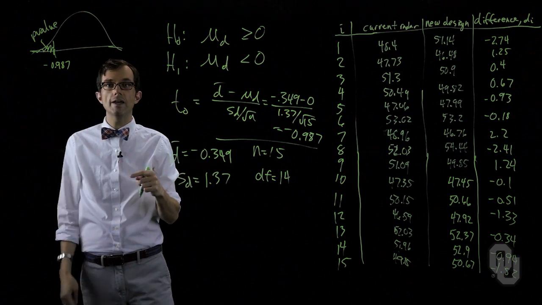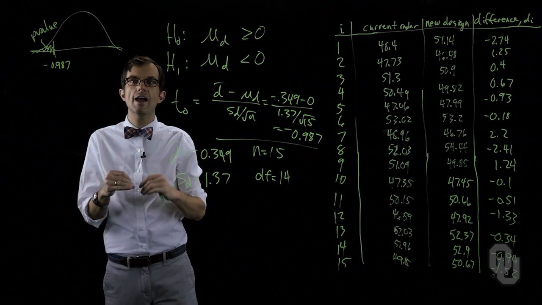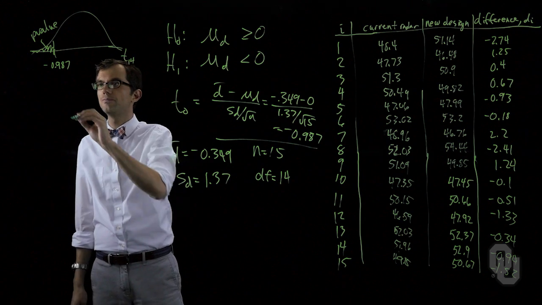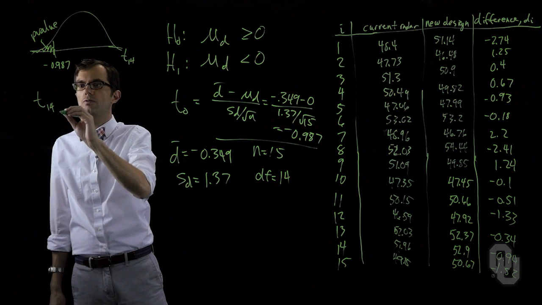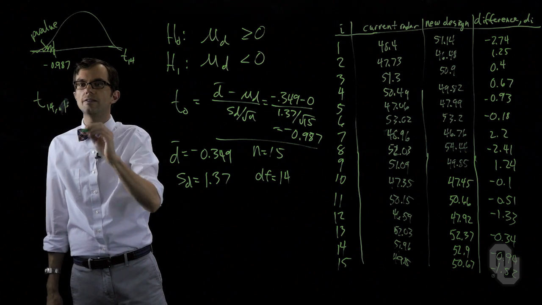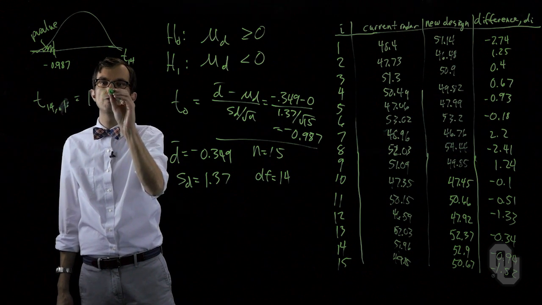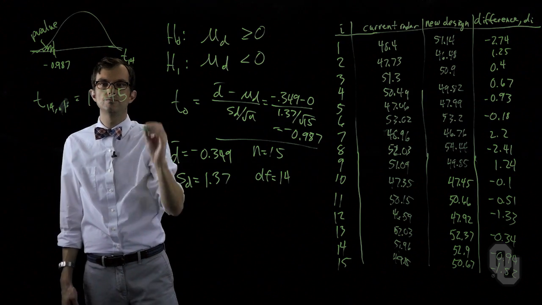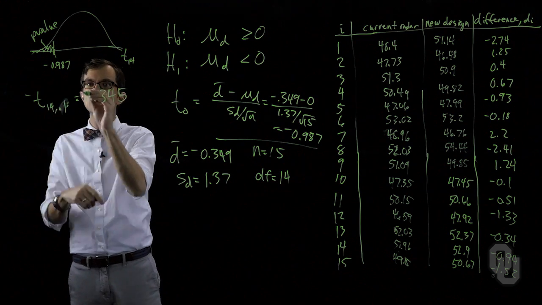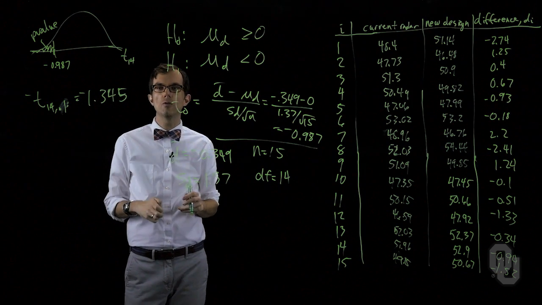The closest we get, the smallest value on the axis that we get for degrees of freedom 14, is for 0.1 in the tail. That is 1.345. Okay, 0.1 in the tail, or if we want it down here, that would be negative 1.345.